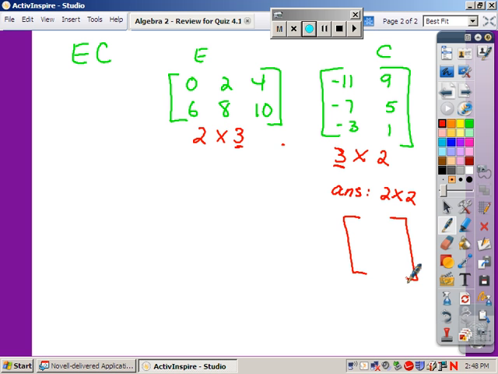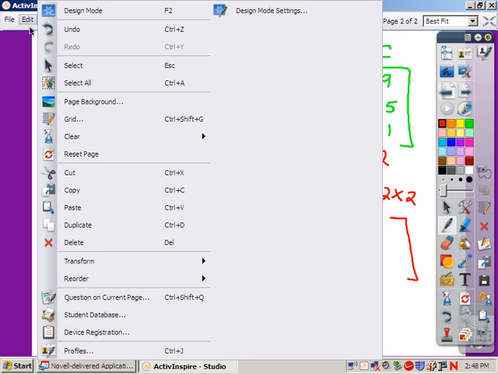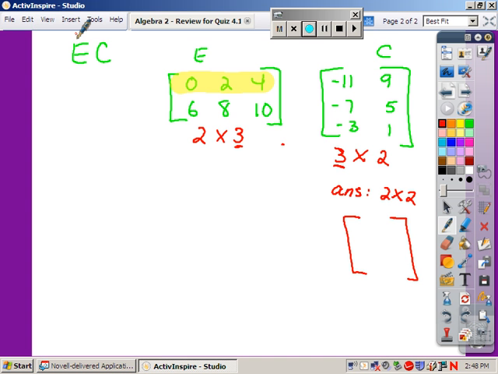So what you're going to do is take the rows of the first matrix and multiply them by the columns of the second one. So essentially what I'm going to be doing here is taking this row of numbers times this column of numbers. I'm going to undo that just so you know which ones I'm talking about.